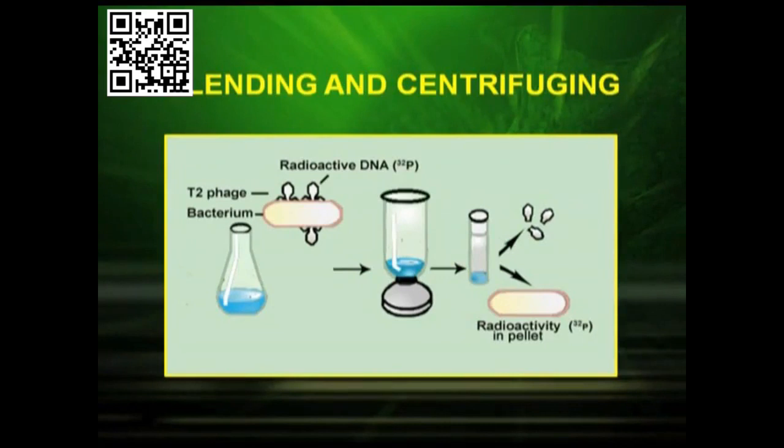After centrifugation, they found two components, the supernatant and the pellet. When they used P32, they found the radioactivity in the pellet. Now, what does this pellet contain? The pellet contained the bacteria.